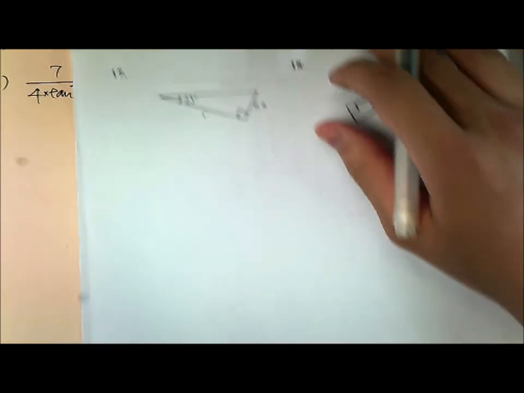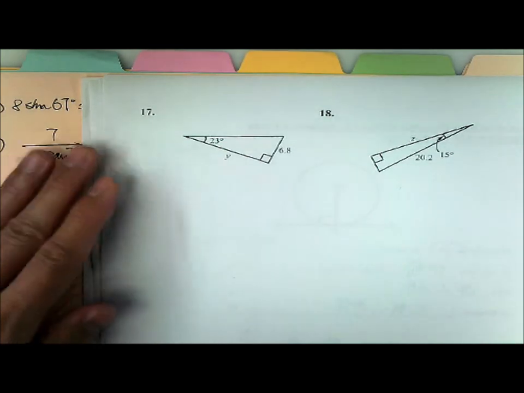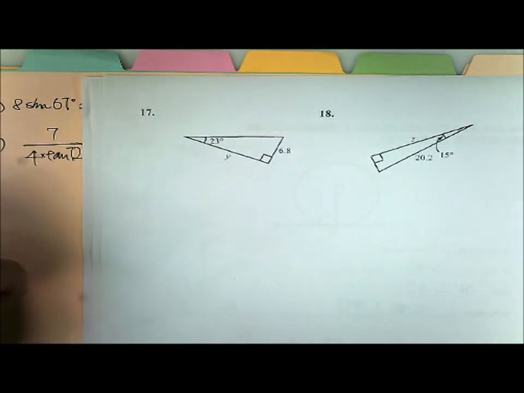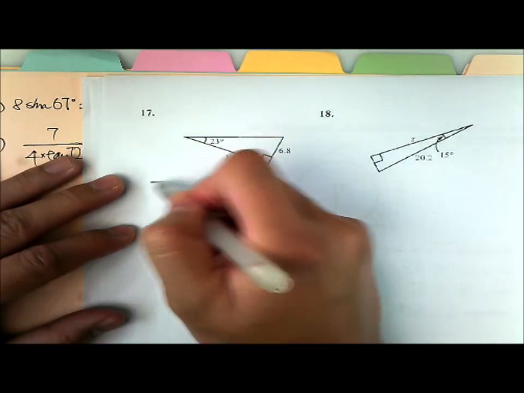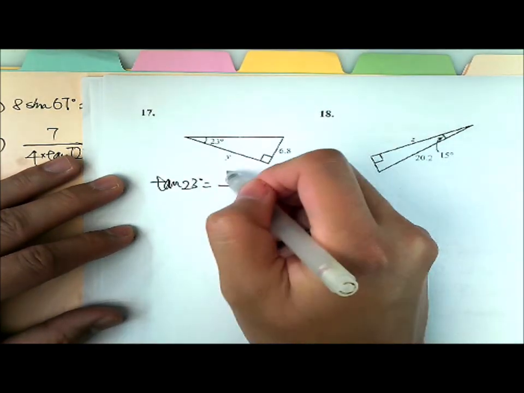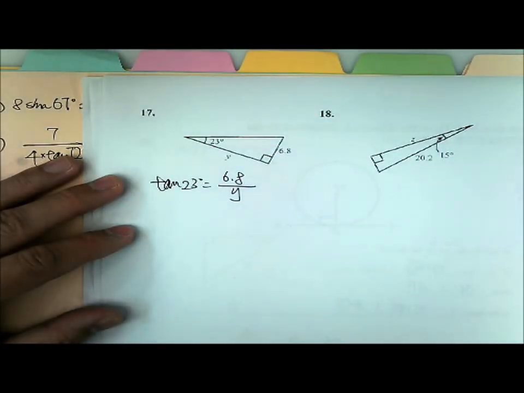I'll do 2 more, okay? 17 and 18, okay? So look at the 17. Can you tell me sine, cosine, or tangent you will be using? Yes, of course. So we write tangent 23 degree equal to, the opposite side should be 6.8 divided by y. Understand? It's okay?